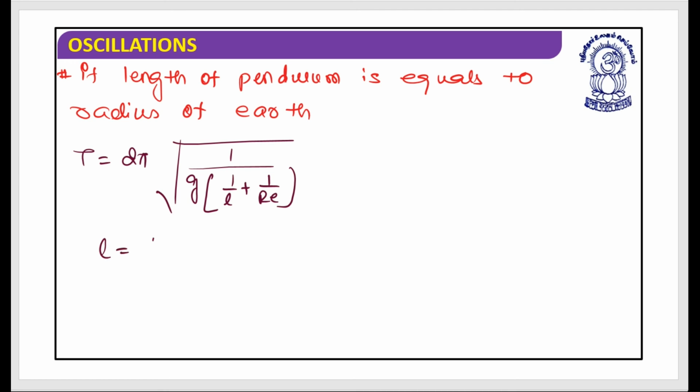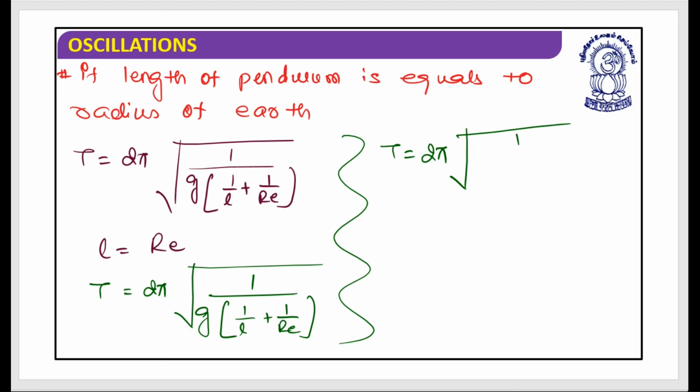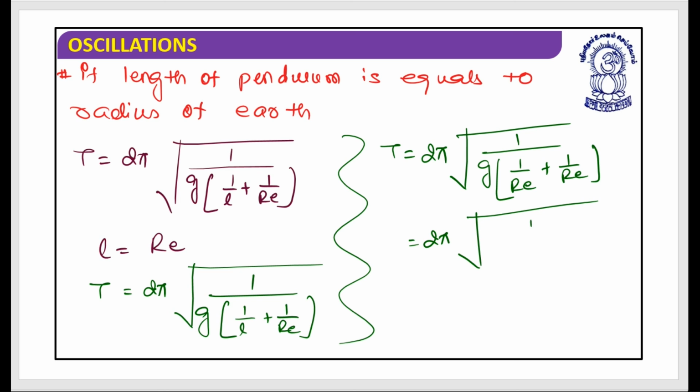As l equals Re, T equals 2 pi root of 1 by g into bracket 1 by Re plus 1 by Re, which is 2 by Re.